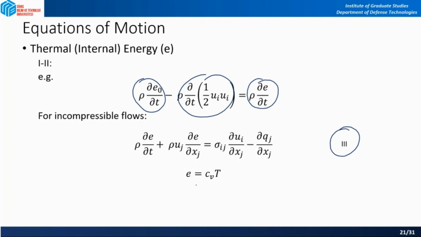And I said internal energy is CV times temperature. So if I put E equal to CV times temperature everywhere inside, then if I manage to solve this partial differential equation, it will give me the temperature distribution as well.